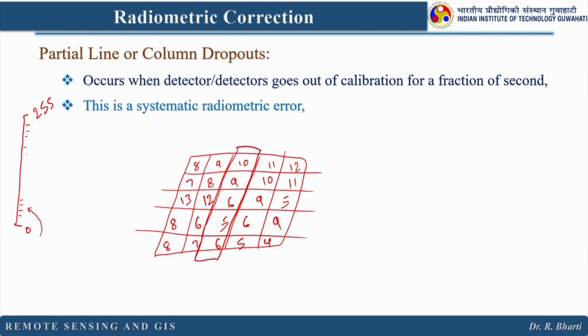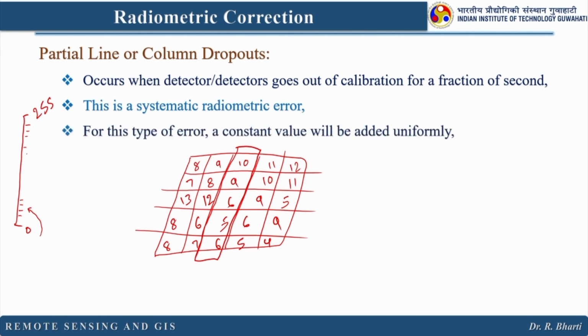Then what will happen? There will be a constant number which will be added here. So, let us assume that it has added 20 or 30 or maybe 100 to this particular number.